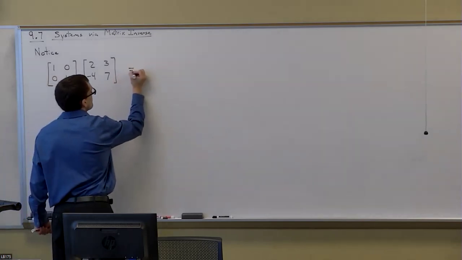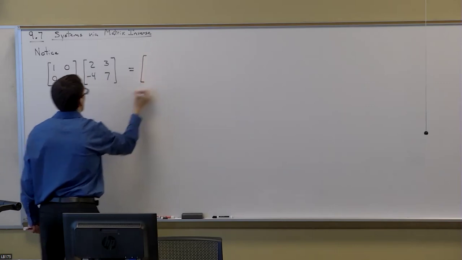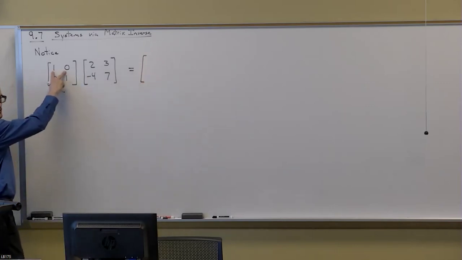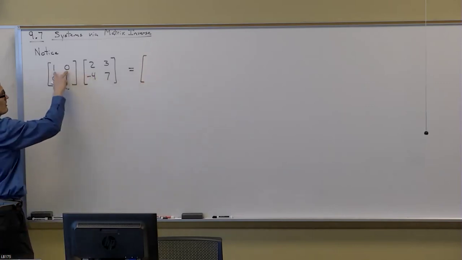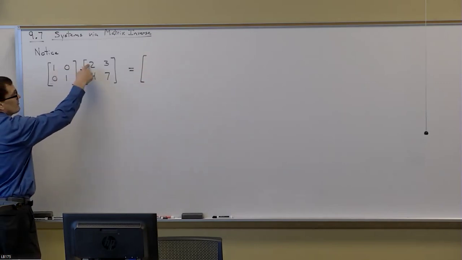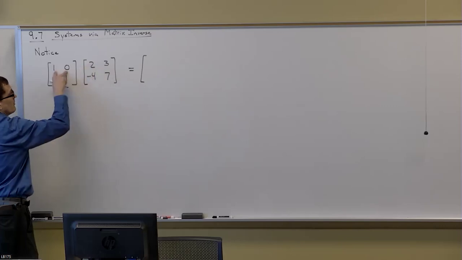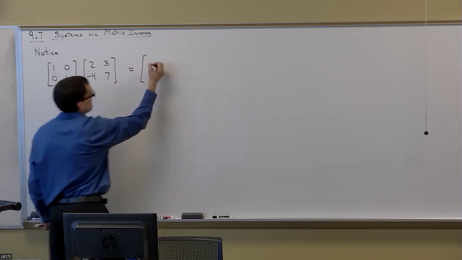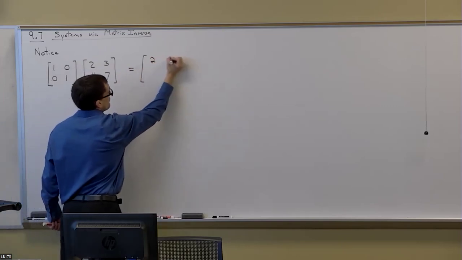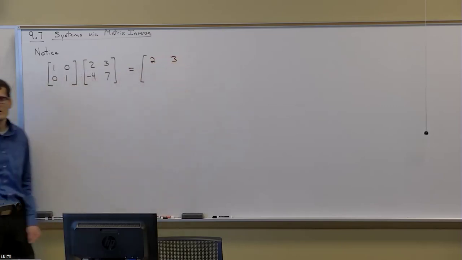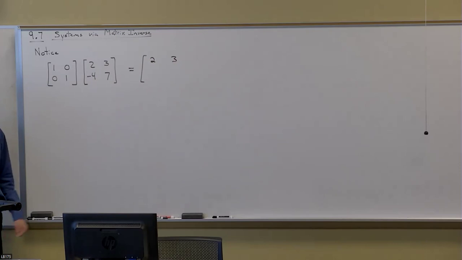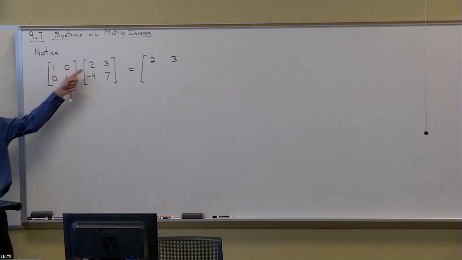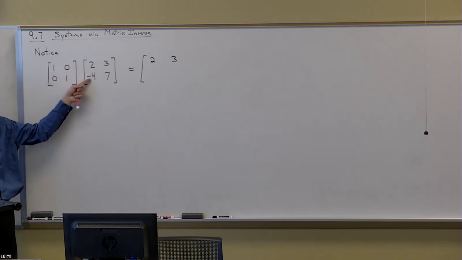Well, if you multiply this matrix, 1, 0 times this one, 1 times 2 minus 4 times 0, or 1 times 3, 0 times 7. Notice what you're getting. You're getting the 2 and the 3 there. Because 1 times 2 is 2, 0 times -4 is 0.